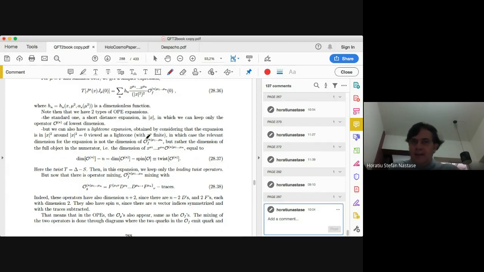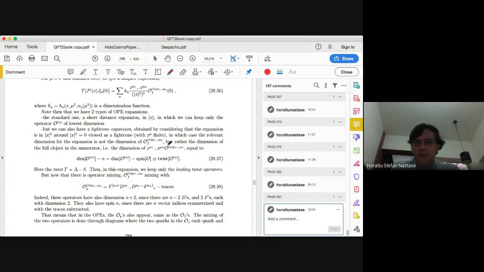In that case, the relevant dimension for the expansion is not the dimension of the operator with indices mu1, mu_n, but rather the dimension of the full object in the numerator, the thing that doesn't have Lorentz indices, right?